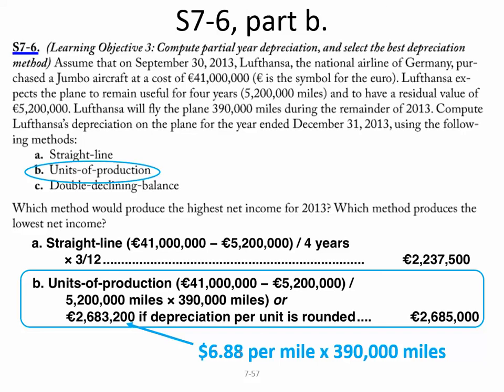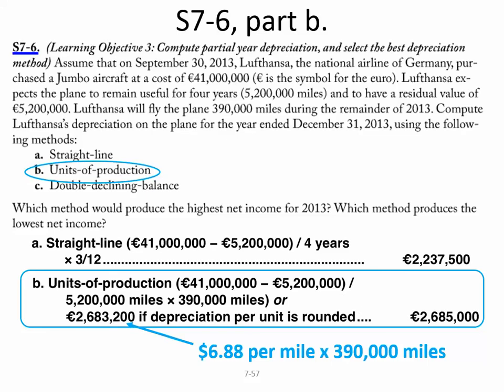So if you round it to the 6.88, you are going to get a little bit of rounding error. The 2,685,000 is if you just do that first calculation that's listed there, the 41 million minus the 5,200,000 divided by 5,200,000 times the 390,000 miles. Okay, so that's units of production.